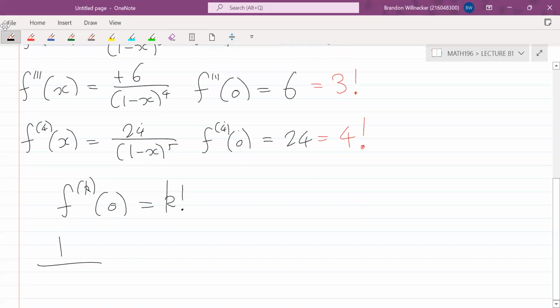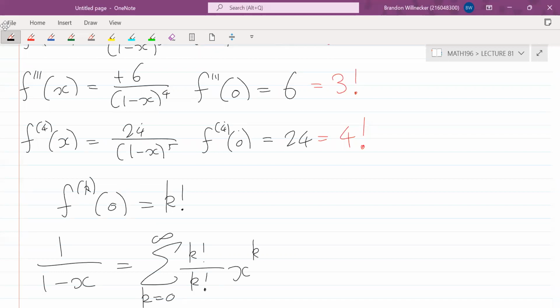So 1 over 1 minus x is equal to the sum from k equals 0 to infinity of the kth derivative evaluated at 0, but that's k factorial. Then we need to divide by k factorial and then times x to the k. Now, the k factorial at the top and the k factorial at the bottom, they're going to cancel.